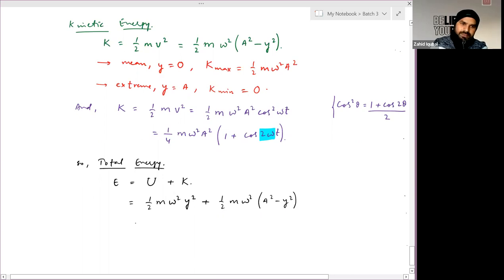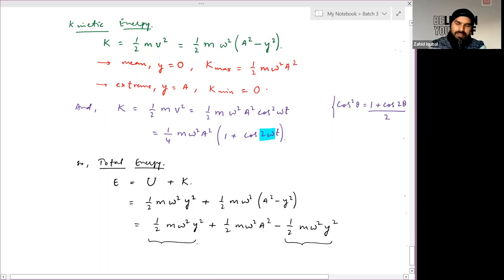Now just expand this part. You will get half m omega squared y squared plus half m omega squared a squared minus half m omega squared y squared. This part and this part are the same but with opposite sign, so they will cancel out.